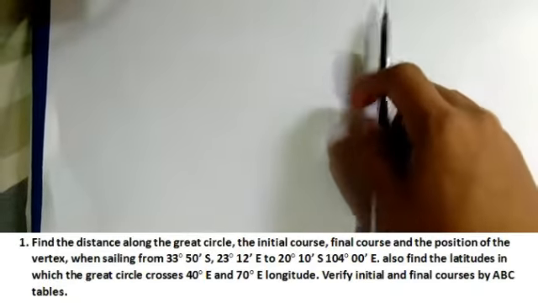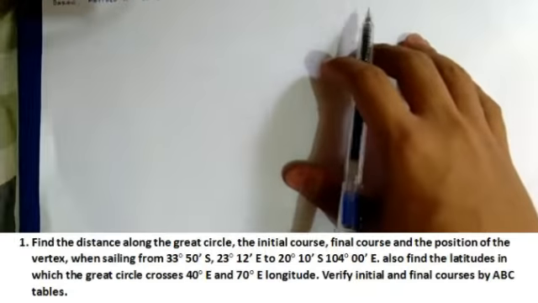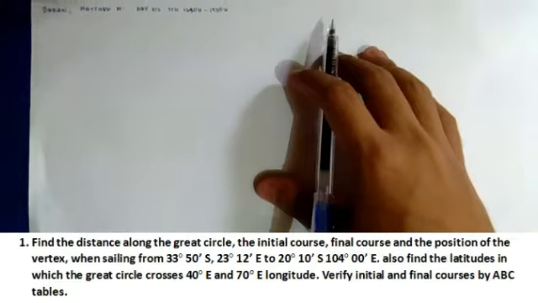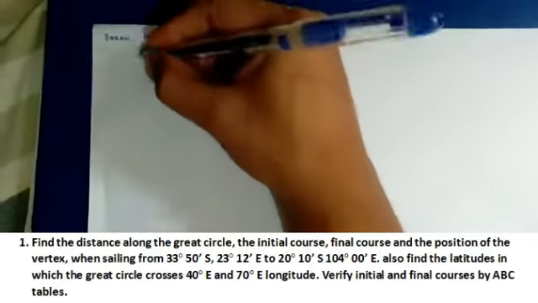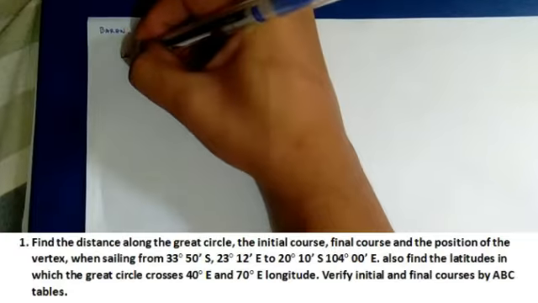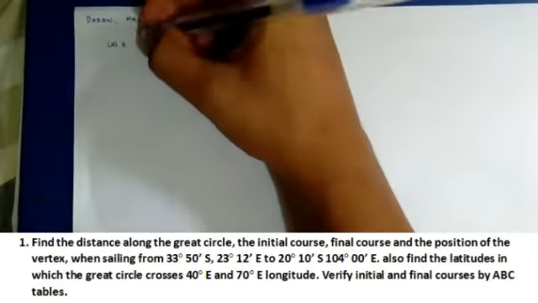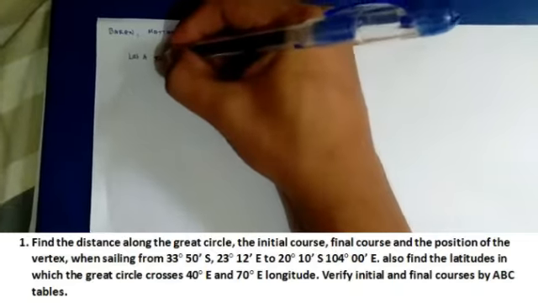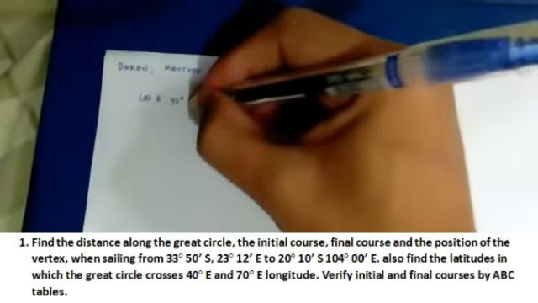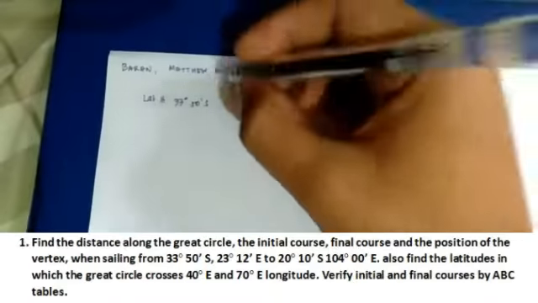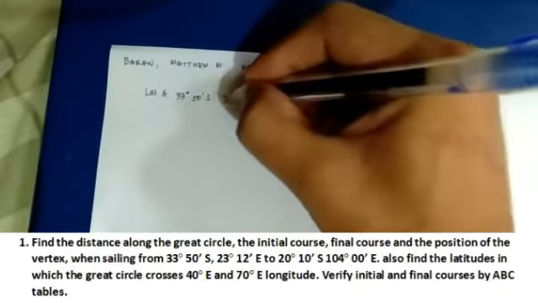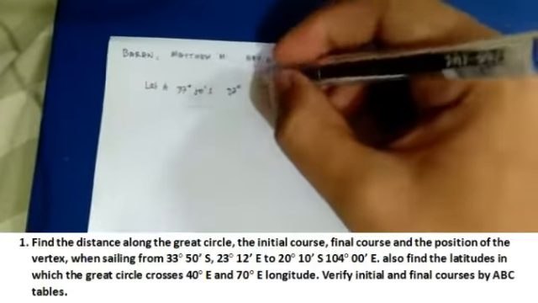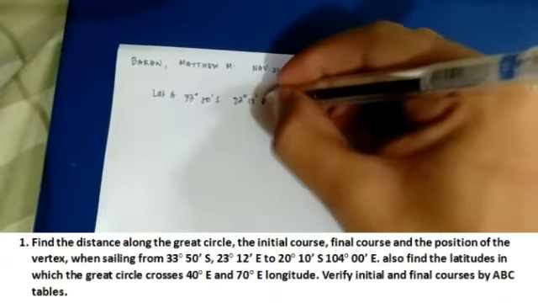Okay, so the first thing we need to do is to identify our initial courses. So we have here latitude A, which is 33 degrees and 50 minutes south, and has a longitude of 23 degrees and 12 minutes east.